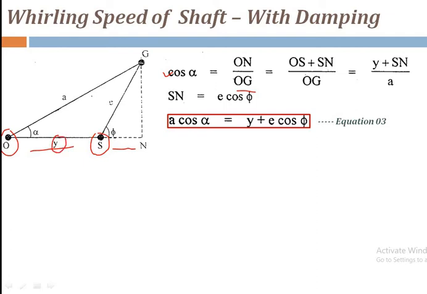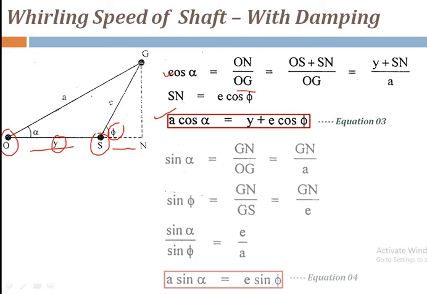Let's consider triangle GSN and angle GSN equal to phi. Then SN equal to e cos phi. Finally, we get a cos alpha equal to y plus e cos phi, which is equation number 3.